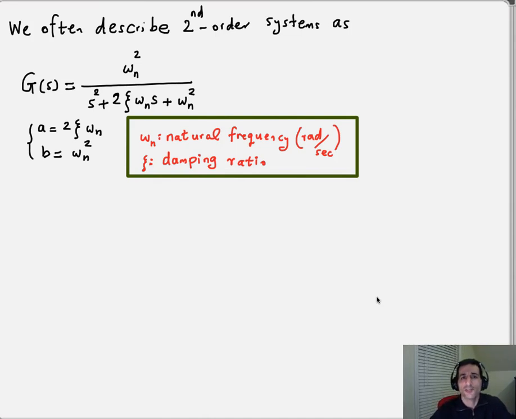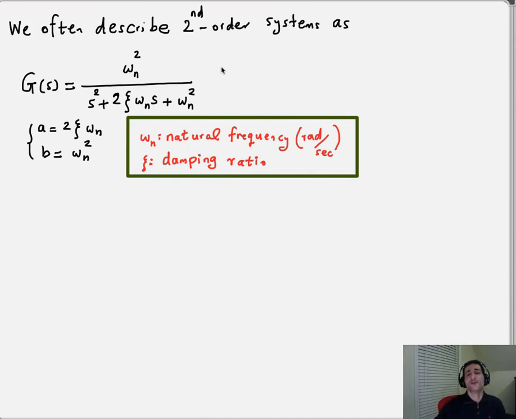Now we often describe a second order system as what you see here: G of s equals omega n squared divided by s squared plus 2 zeta omega n s plus omega n squared. That's something you also saw in linear systems. If we characterize the transfer function this way, we can define a few parameters that have an actual physical meaning.